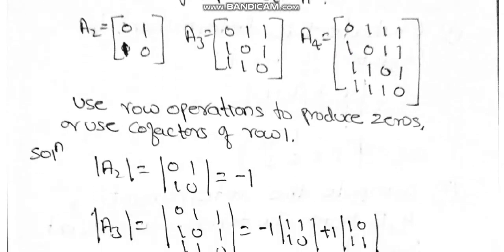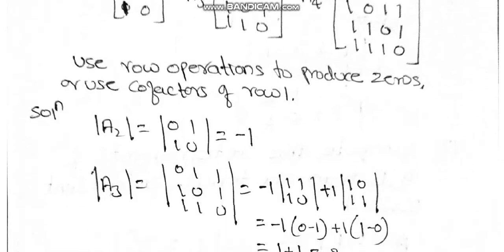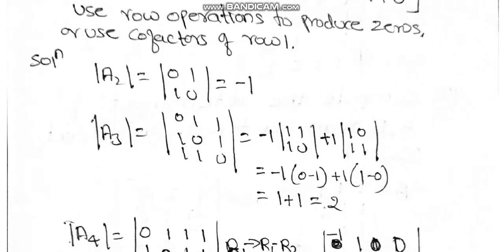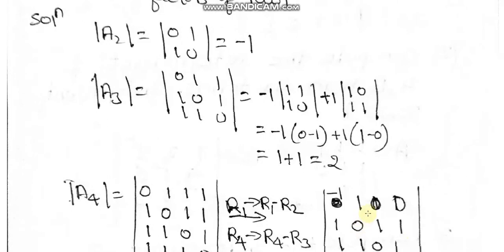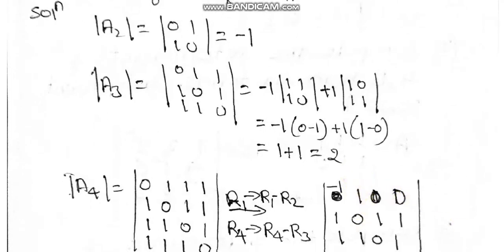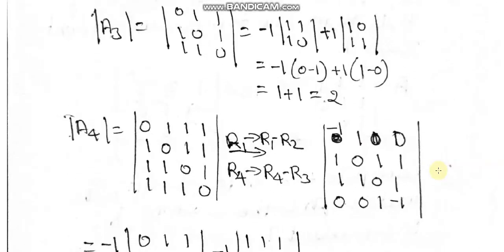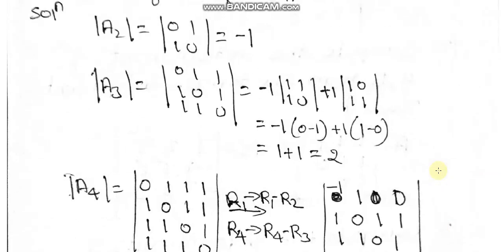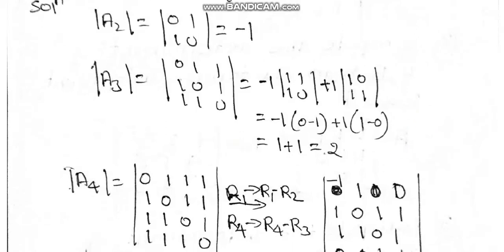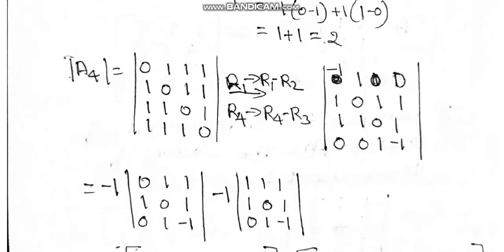So first we'll move on to A2, it is minus 1, and A3 if I am finding using the cofactor, I am getting it as 2. And A4, before going to A4, this was a simple case. For A4, what we are trying to do is reduce the matrix.